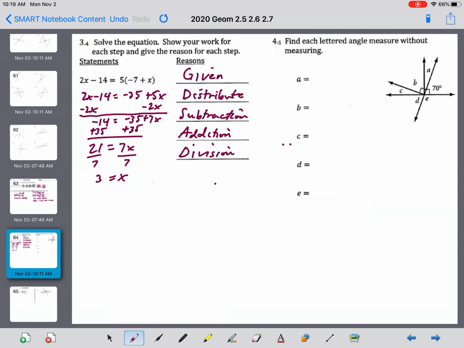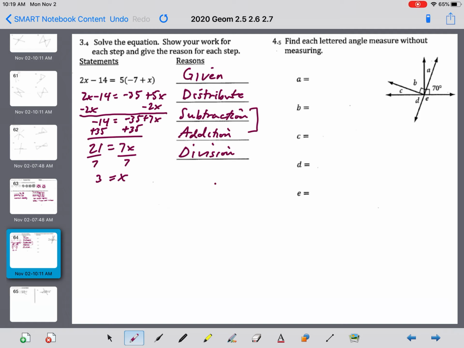There it is. Given, distribute, subtraction, addition, division. You could have gone in a slightly different order, but more than likely these 2 steps are either going to be addition or subtraction right here after you distribute. And division is a lot of times the last step when you're solving an equation.